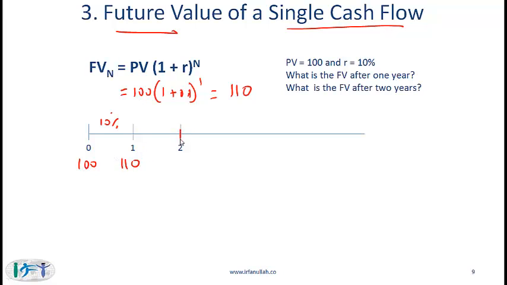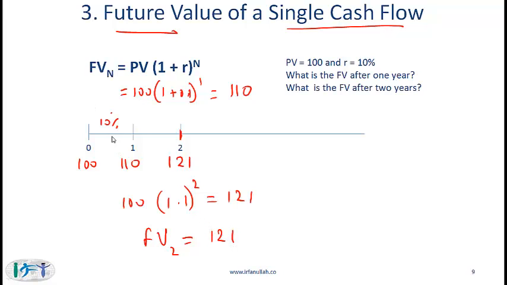What about at the end of year 2? Again, from the formula, we have 100 into 1.1 to the power of 2, and this is 121. So at the end of 2 years, we have 121. We can say that FV2, future value at the end of year 2, is 121.